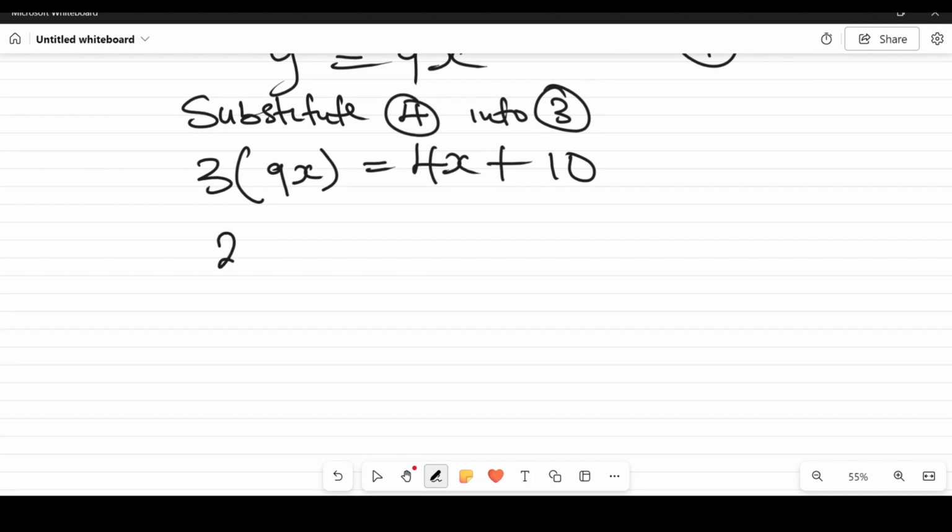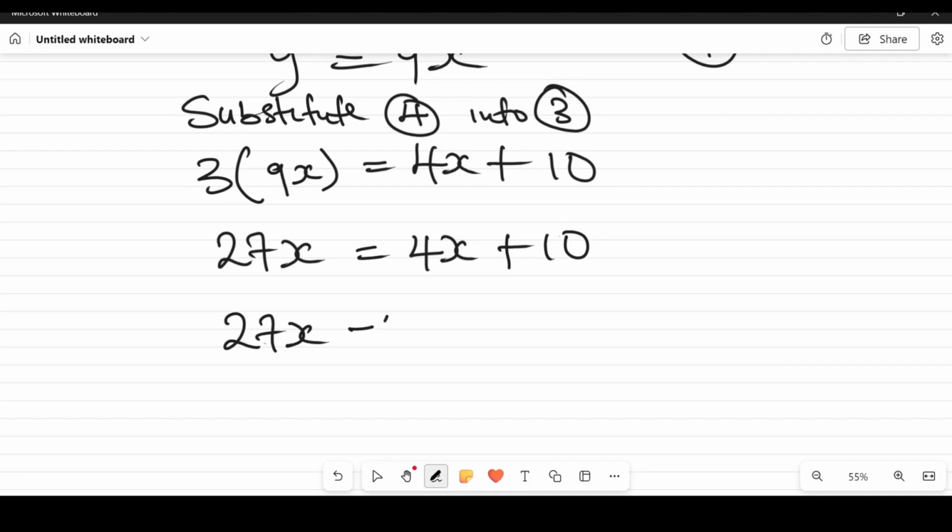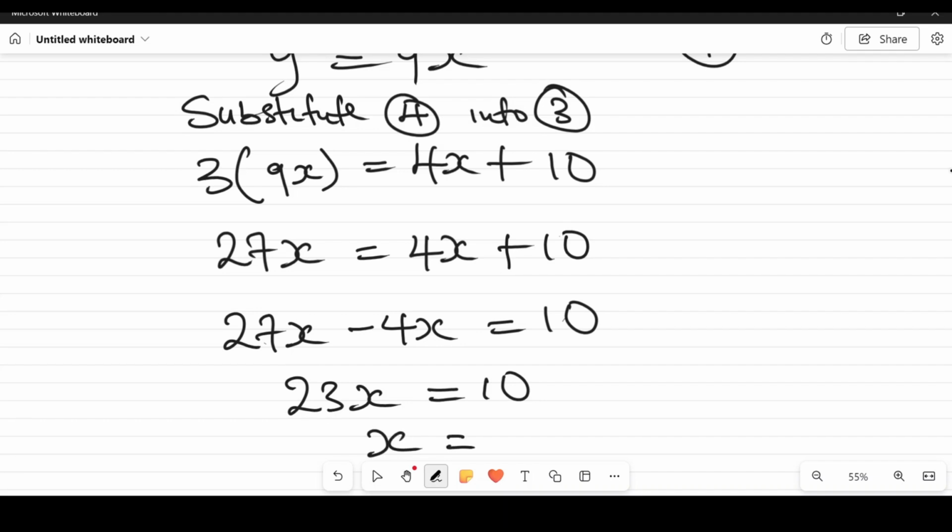We have that this will be 27x equal to 4x plus 10. If we move 4x to the left hand side, we have 27x minus 4x equal to 10. 27x minus 4x is equal to 23x equal to 10. So our x becomes 10 divided by 23.